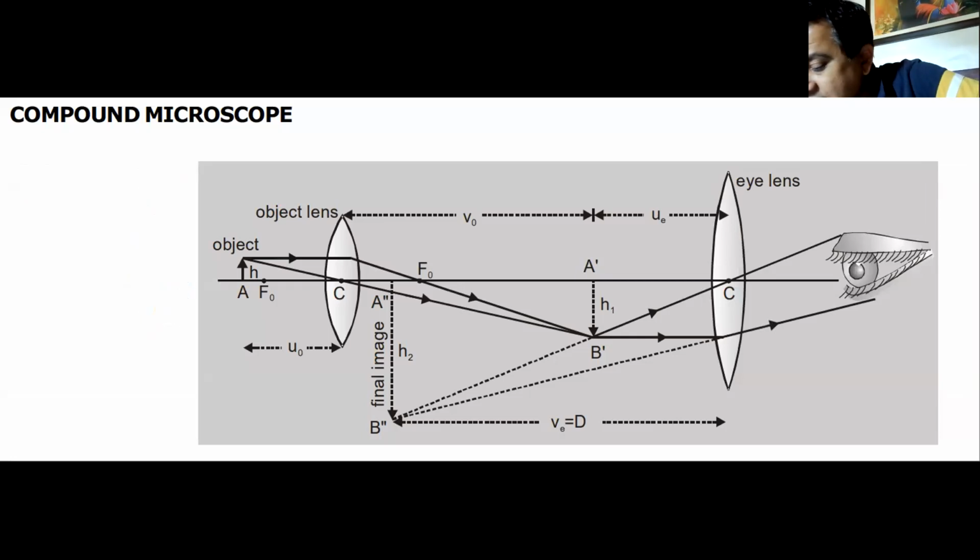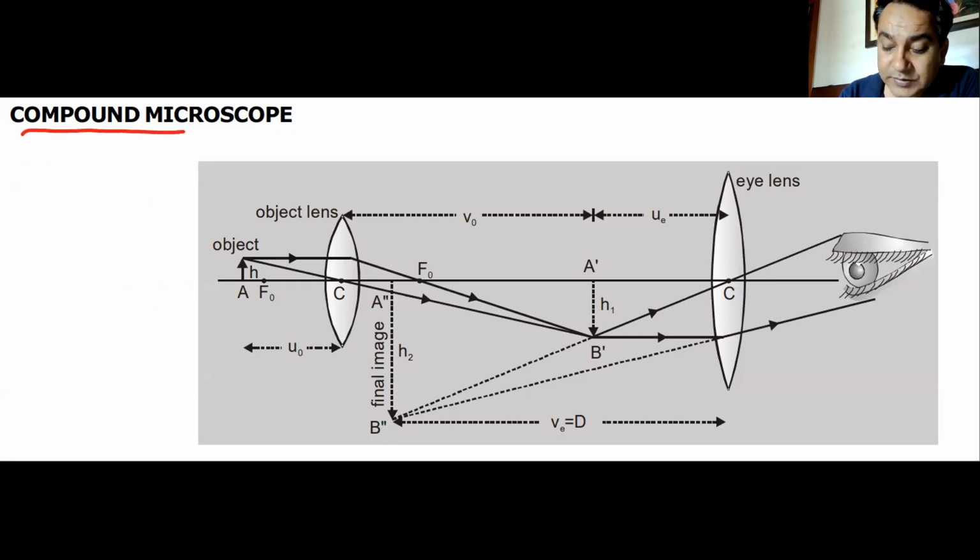Now, you will have to draw this diagram, and I'll give you time because we'll probably be discussing it in the next class. Just to give you a view of what is there in a compound microscope, I hope you are going to write the heading as compound microscope. So please write the heading first, and then everything about this microscope that you have to understand is in the diagram.